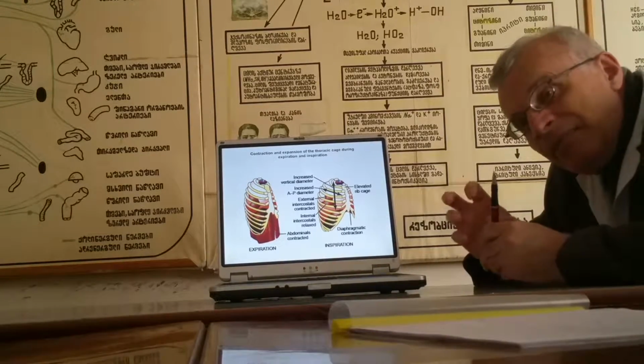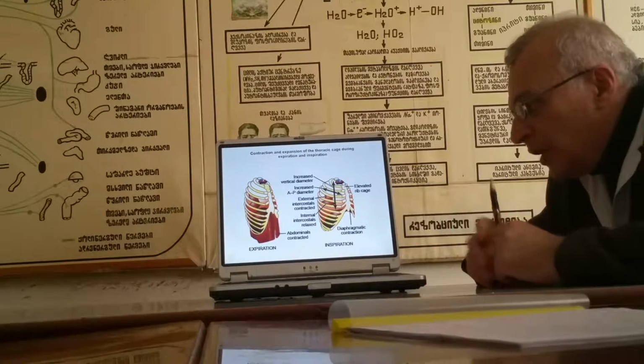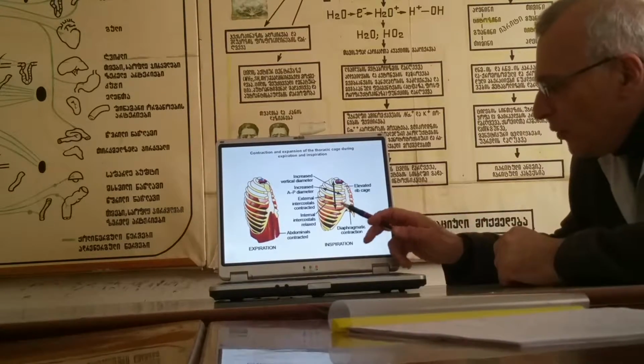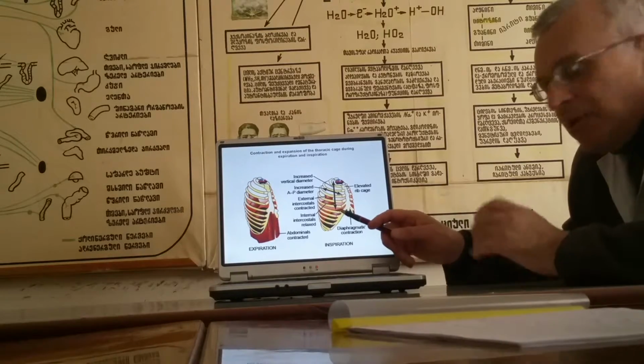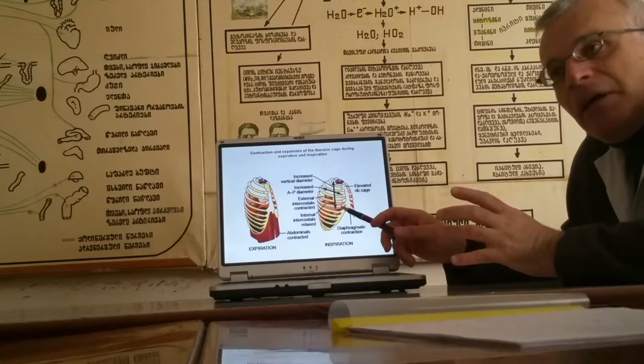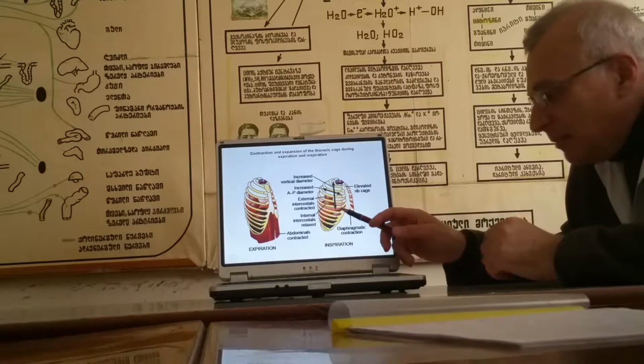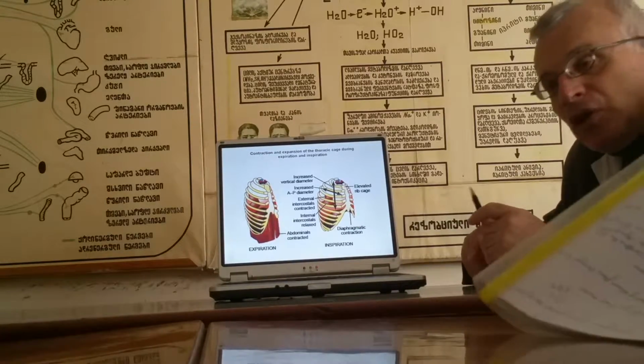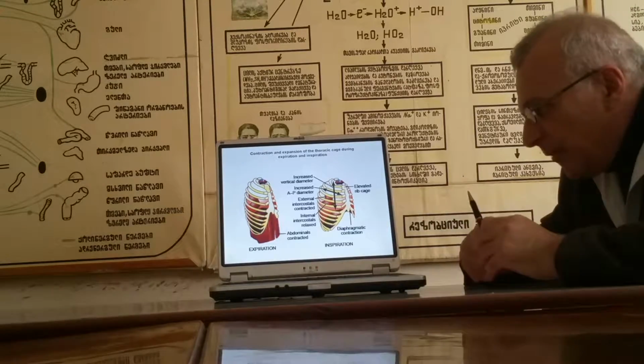So what is the mechanics, first of all, of inspiration? First of all, here you can see the biggest skeletal muscle, the diaphragm. The diaphragm is usually involved in respiration.